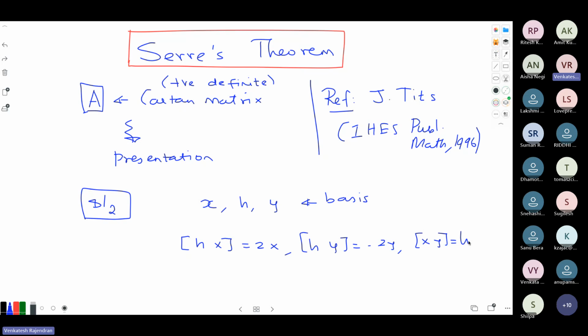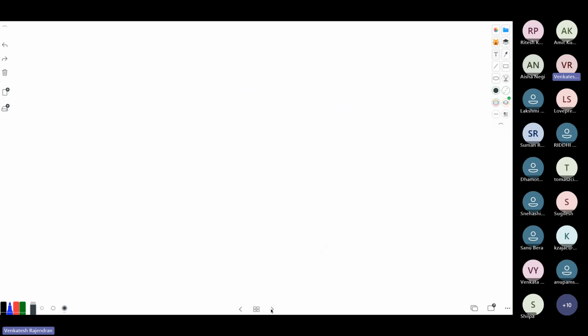You can now ask the question: how do you come up with the existence of some Lie algebras? This is where one can use the notion of presentation. But again, let's go with a simple-minded setting.